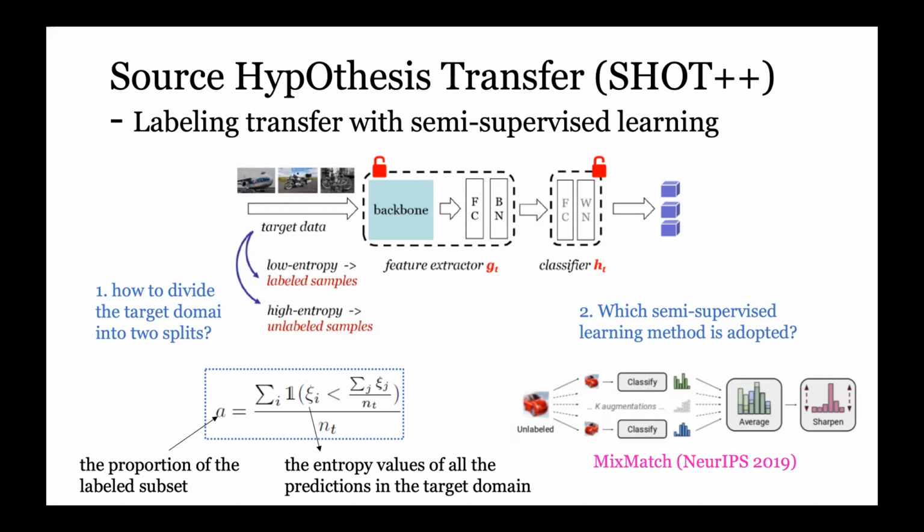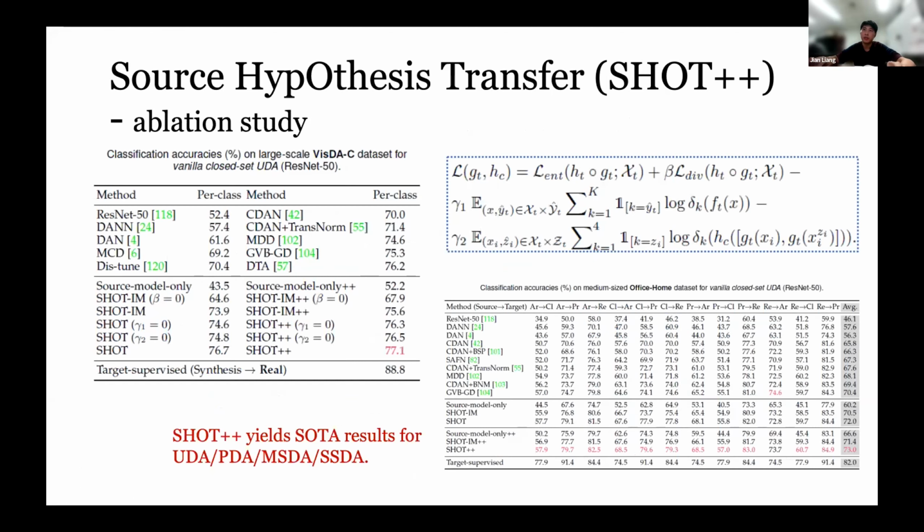Then we can use some semi-supervised learning techniques to further enforce the performance. Specifically, we apply a popular semi-supervised framework called MixMatch here on the right. We directly divide the target data into labeled data and unlabeled data, then apply MixMatch to this problem to further enhance the adaptation performance. Okay, next page.